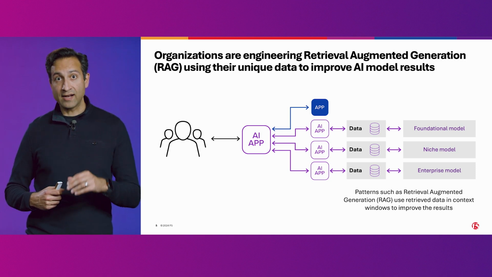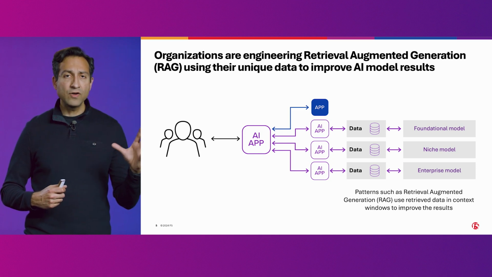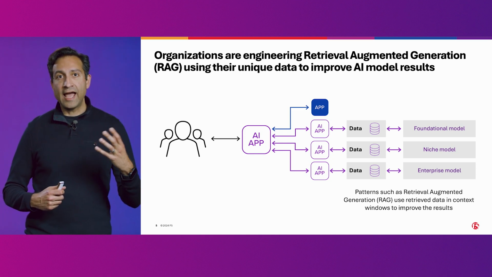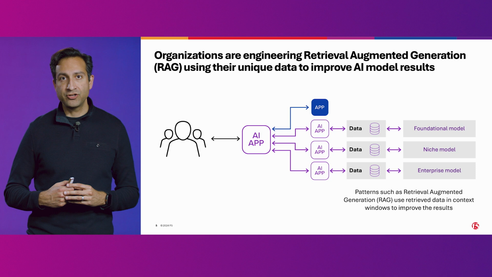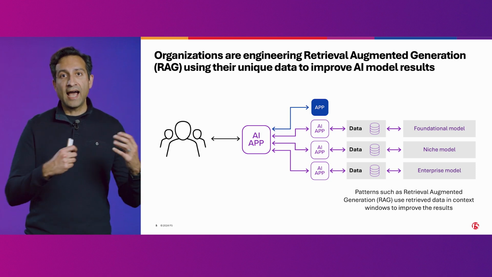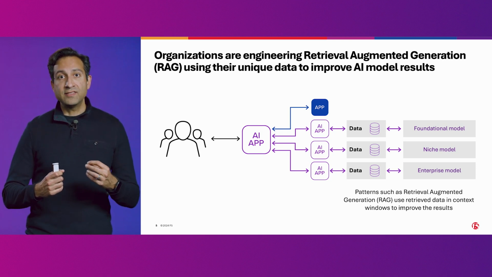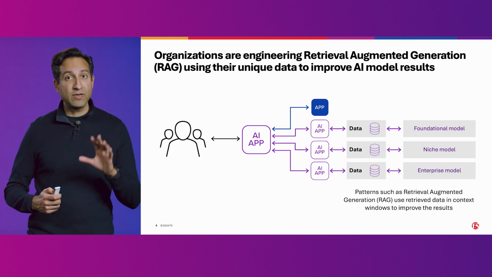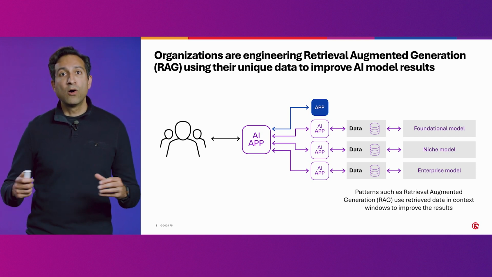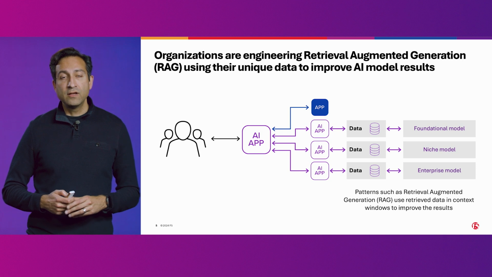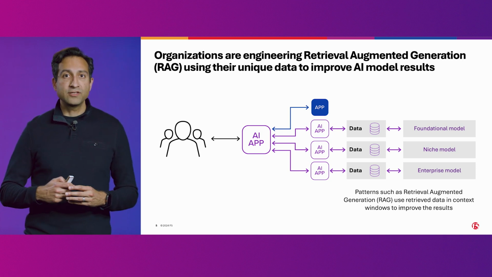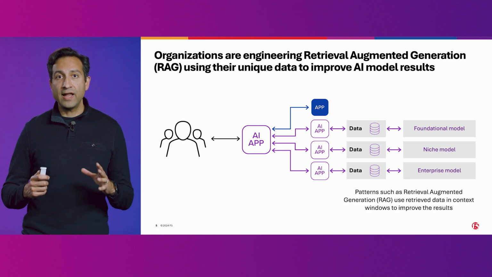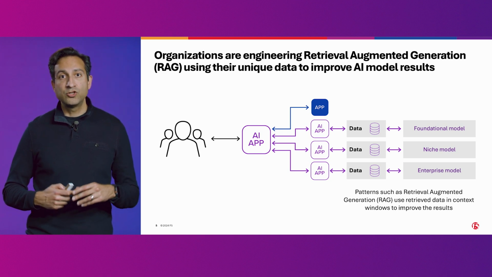And what that means in practice, in this diagram here, you've got users who are accessing an AI application or an AI-powered application, which in turn is accessing a bunch of data that is then being fed together with a prompt to the model. And again, that could be a foundational model, a niche model, or an enterprise-built model. So RAG is a very, very popular workflow that organizations are implementing today, and we see many organizations going down this path to unlock the full value of inference.